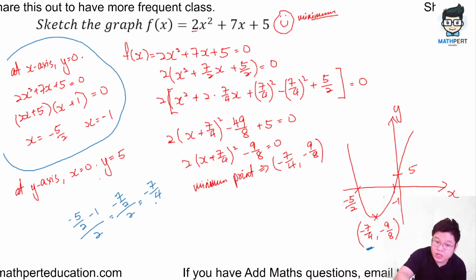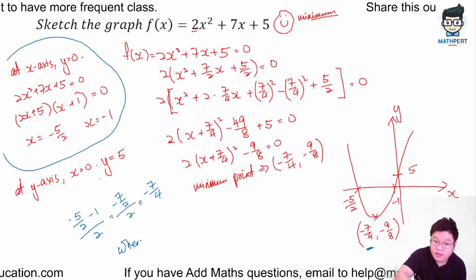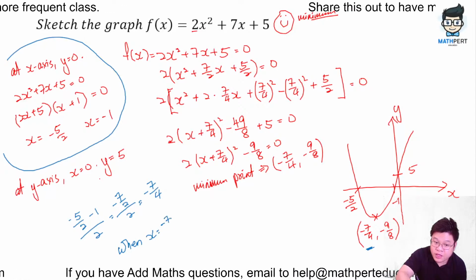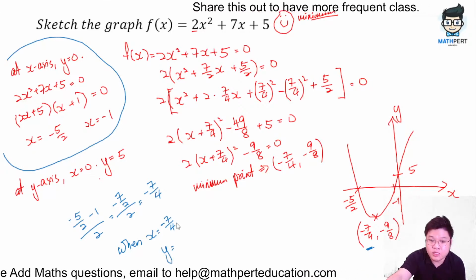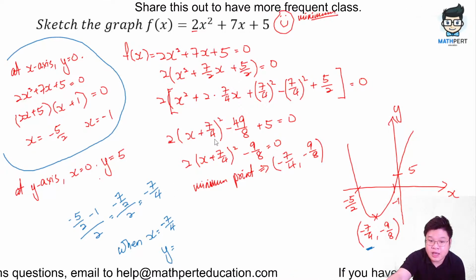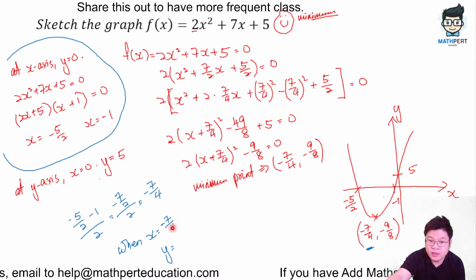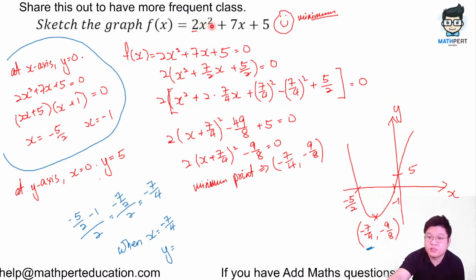So once we got this, I can say that when x equals negative 7 over 4, y equals what? I substitute this negative 7 over 4 into these equations.